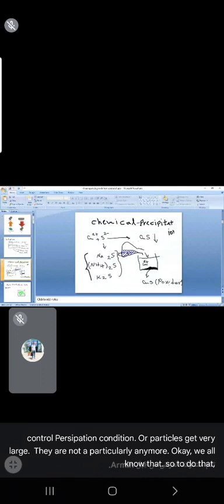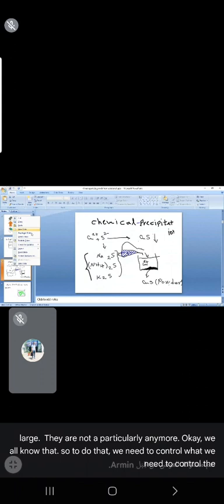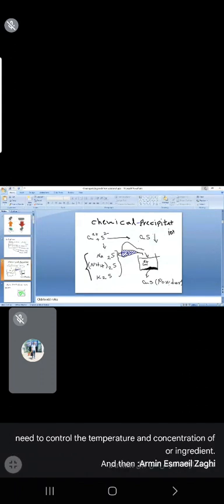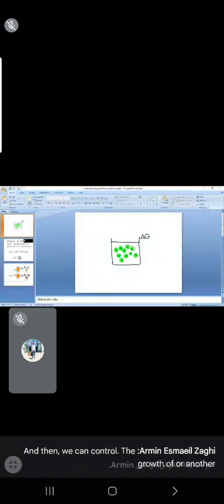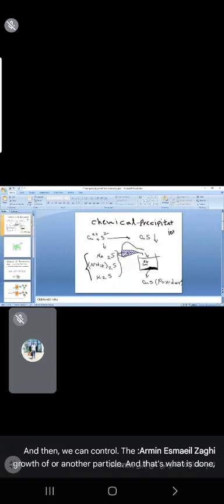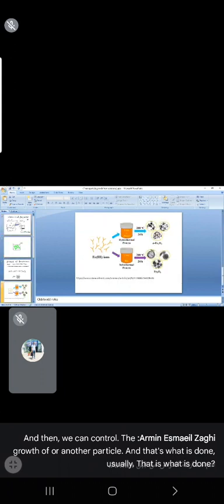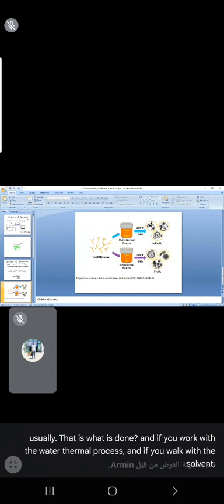So to do that, we need to control the temperature and the concentration of our ingredient, and then we can control the growth of our nanoparticles. That is what is usually done. If you work with water, it's called the hydrothermal process, and if you work with a solvent, it's called the solvothermal process.